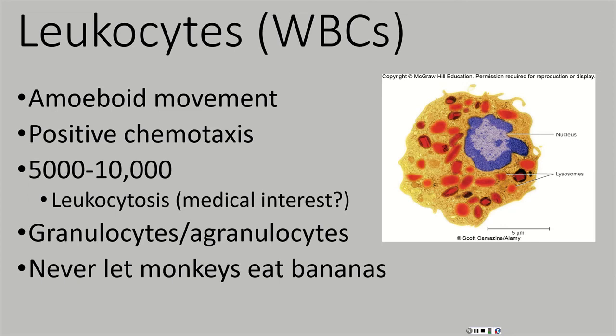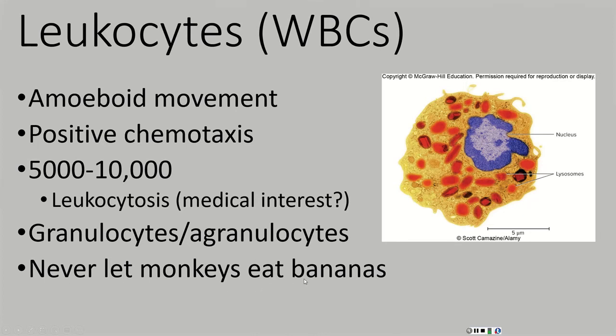So if you can see the granules really well, if they look polka dotted, we call those granulocytes. Now, if you look and you don't see granules, they're called agranulocytes. So granulocytes look polka dotted. Agranulocytes do not. Now there's a phrase down here, never let monkeys eat bananas.